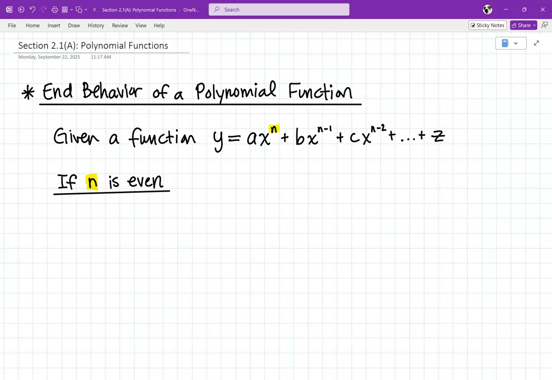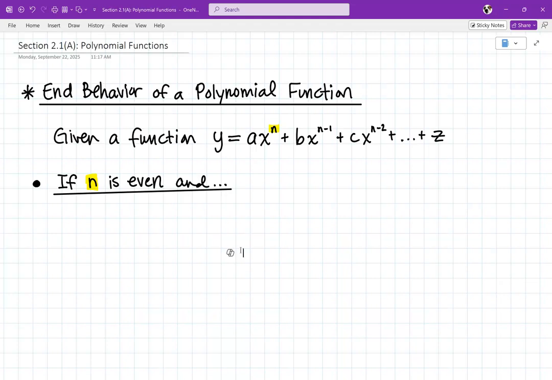So there's going to be one situation, there's two situations. So if n is even, and, actually I should have put this right here, and dot, dot, dot, let me extend this little line here.